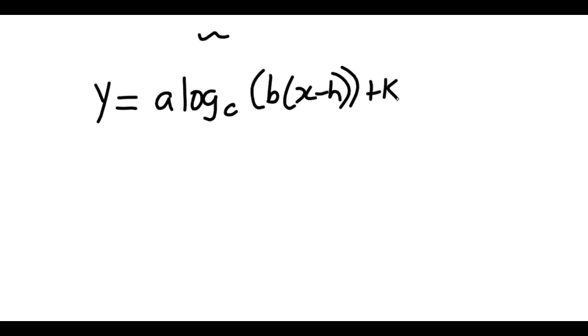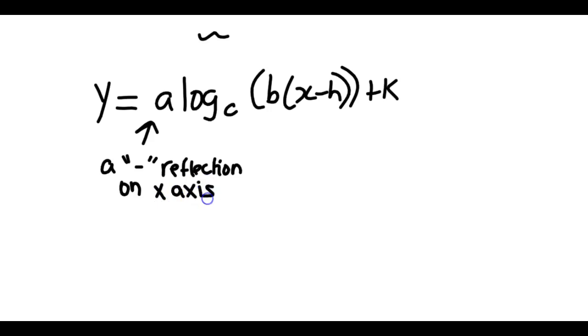If A is negative, then we're going to have a reflection on the x-axis, so that means all your y's change to opposite signs.